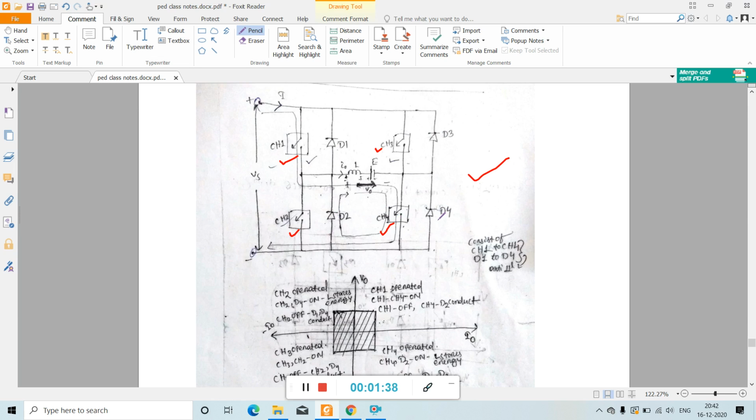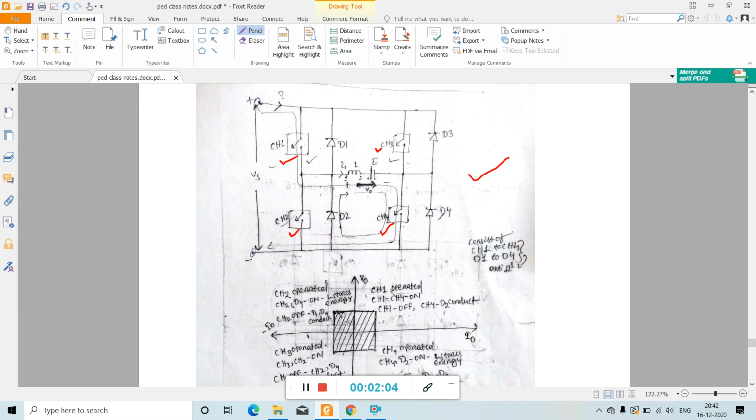So the numbering of the choppers is CH1, CH2, CH3, CH4, corresponding to their respective quadrant operation. Like for first quadrant operation, only chopper 1 is operated. For second quadrant operation, only chopper 2 is operated, like this.